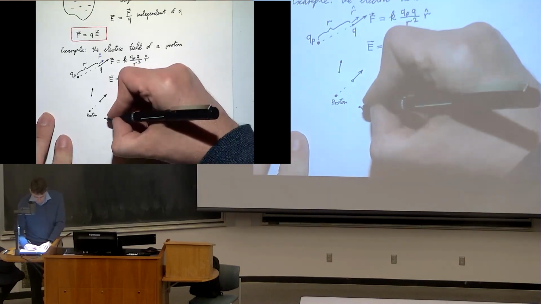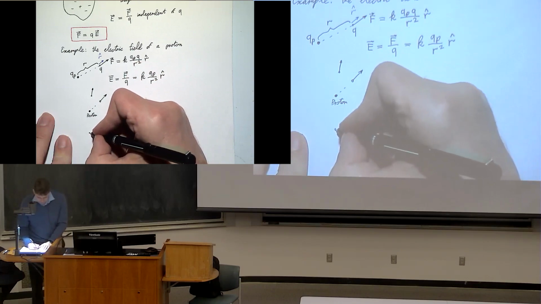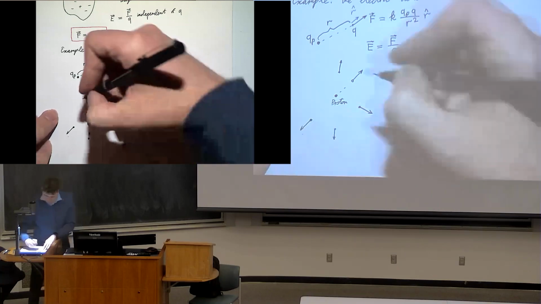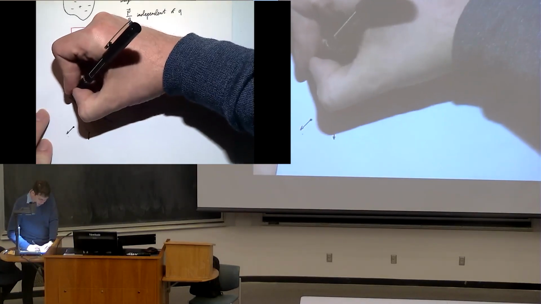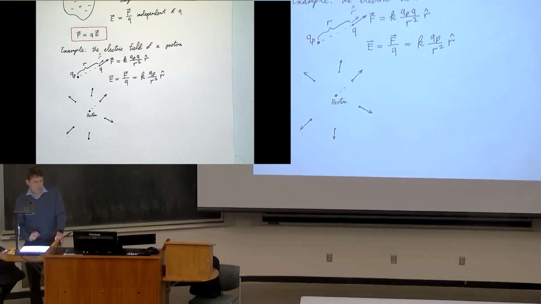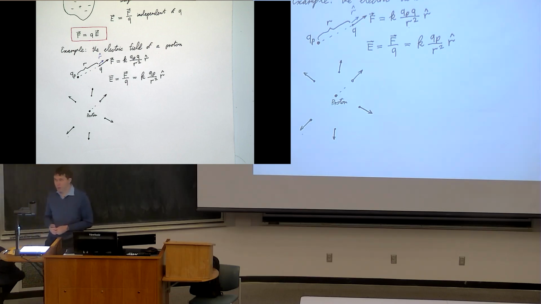At this point, it's again directed away from the proton. And here. All right. So that's the direction of the electric field at all points in space. It's everywhere away from the proton. It's positively charged. If it was negatively charged, it would be in the opposite direction.